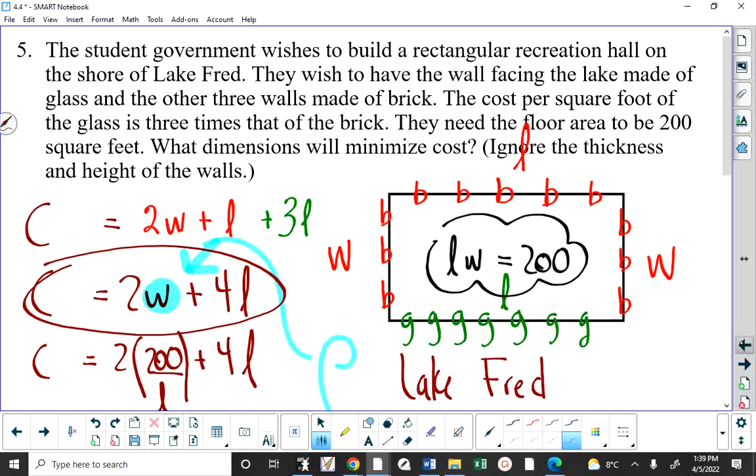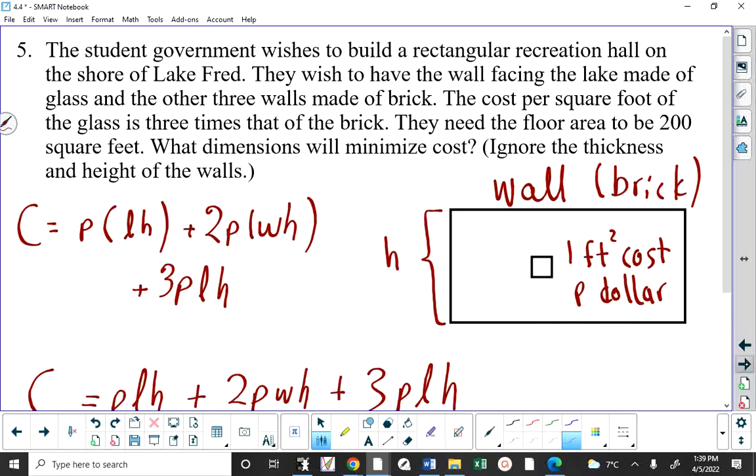Except my clumsy attempt to explain why we can not worry about the height of the wall and the thickness of the wall and all of that is no longer needed when you look at the right screen. Right? It's no longer needed here. Now, I will admit, we are still not talking about the width of the wall. But that's because the cost was given as a cost per square foot, which would include the thickness of the wall. So where do we go from here?